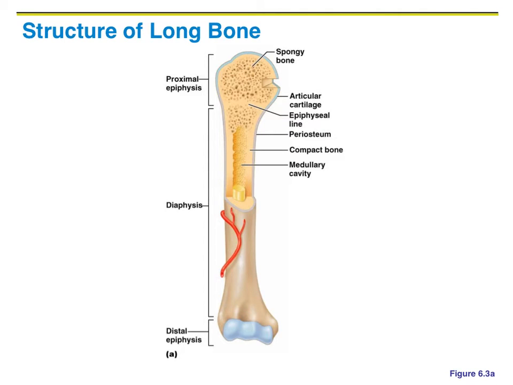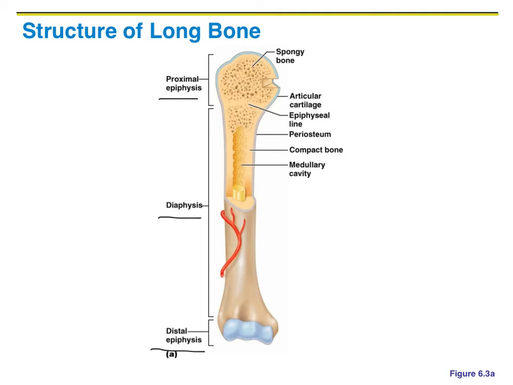Let's review some of the structures of long bone again. The shaft is referred to as the diaphysis. The ends are epiphyses, a proximal epiphysis closest to the body and a distal epiphysis farther away from the body.